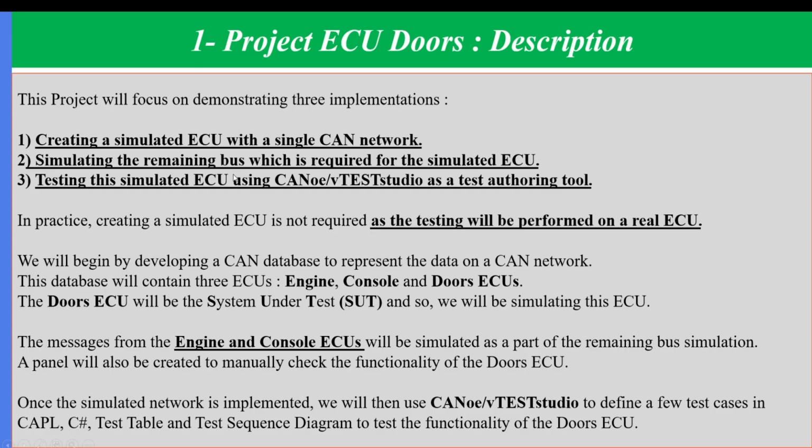So we need to simulate other ECUs that will interface with our doors ECU. And the last step is to develop some test cases in vTESTstudio and launch them with CANoe. So the test cases will be developed in vTESTstudio and launched by CANoe.